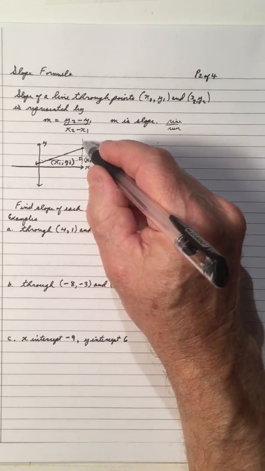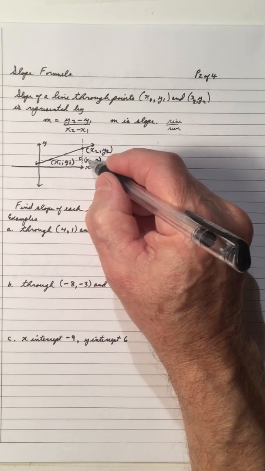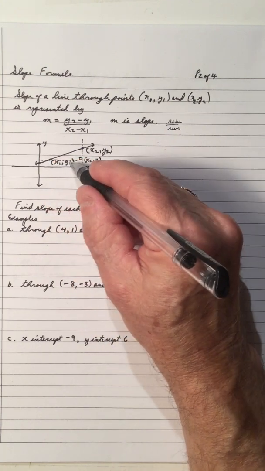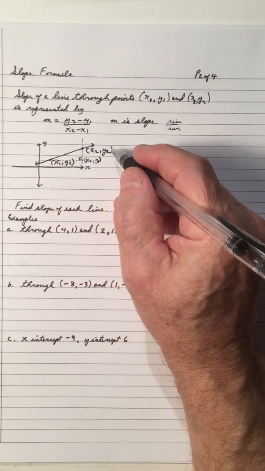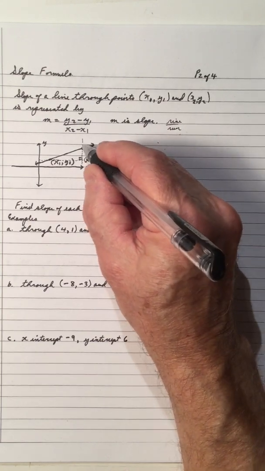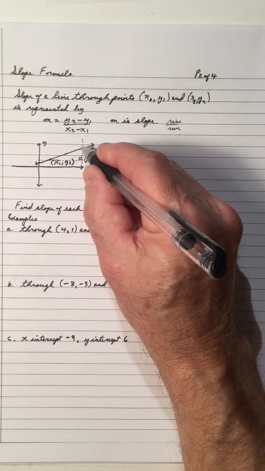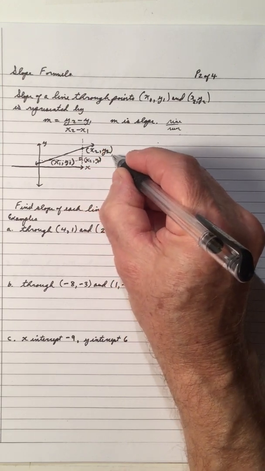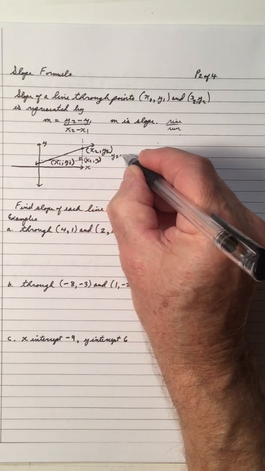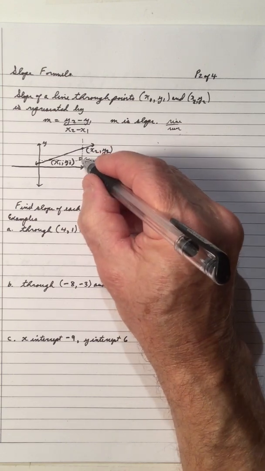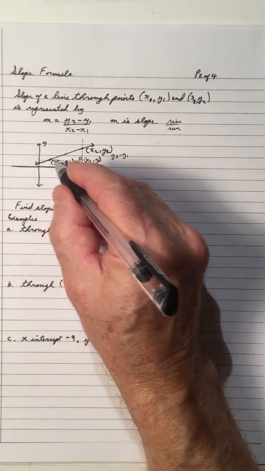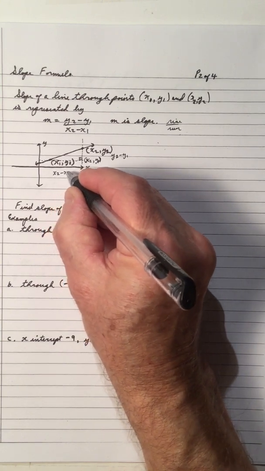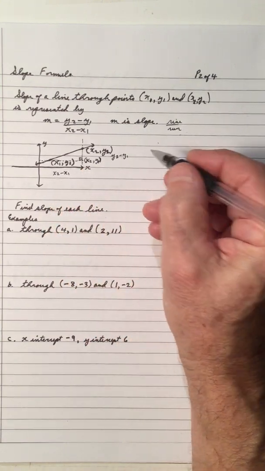On a vertical line, the x coordinates are the same, so x2, x2. On a horizontal line, the y coordinates are the same, y1, y1. So that means that this distance, from y2 to y1, that difference is y2 minus y1, which is the side of this triangle. And this difference here is x2 minus x1, same as we did in the distance.